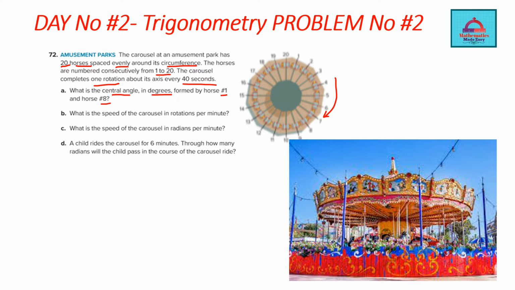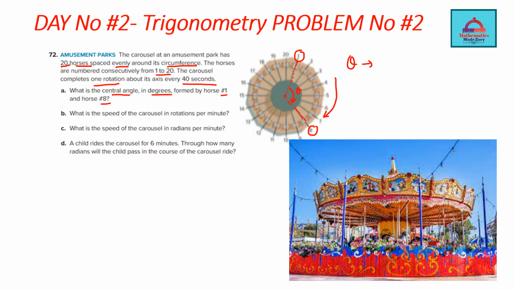So let's go to that part. This is horse 1 position. This is horse 8 position. So I will just draw a little bit here. This is the center of the ride, and from the center you need to say from 1 to 8. So I'm drawing with dotted lines. I hope you all can see, 1 to 8 means this direction. This angle you need to find, this theta.